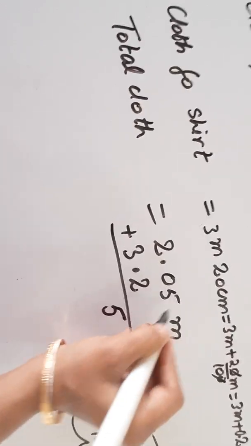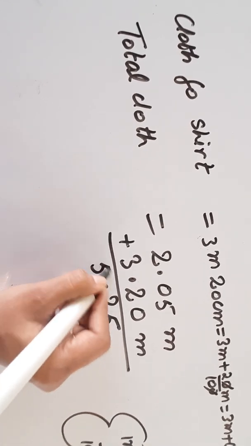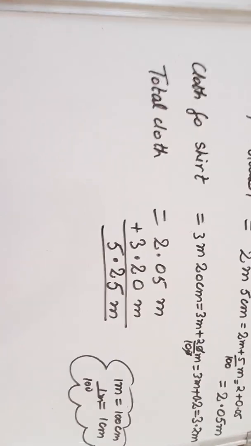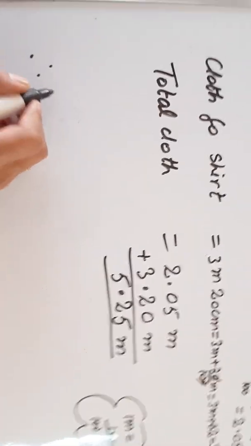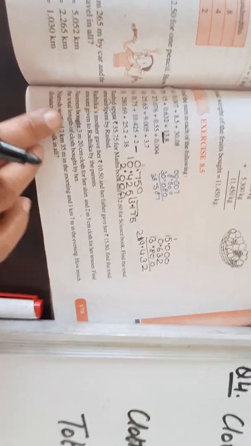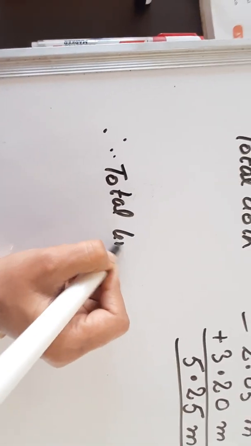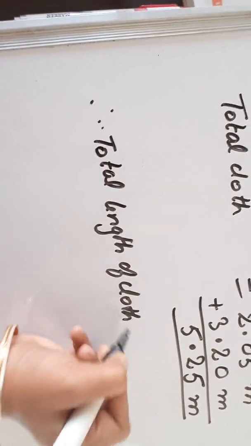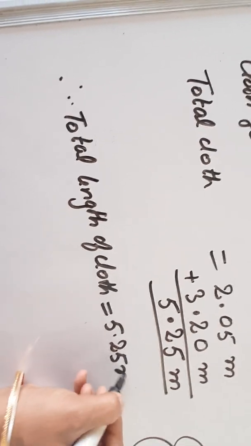So 5 plus 0 is 5, 0 plus 2 and 5. So that much is the total length of the cloth. Therefore we will write the answer from the question. Total length of cloth bought by her is equal to 5.25 meters.